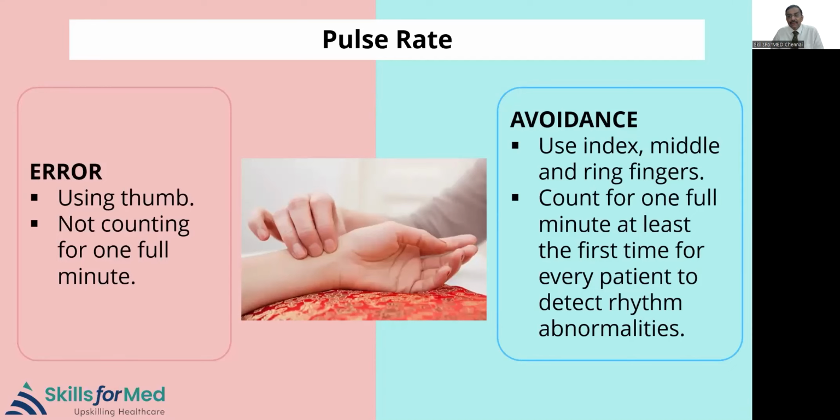Once you see the patient for the first time, at least you should measure for 1 full minute. Why should you do that? Mainly to look at rhythm abnormalities and some missed beats. You can detect this only if you do it for 1 full minute. Once you know that the patient is normal and you have measured a couple of times, then maybe you can just do it for 15 or 30 seconds and multiply it and put the heart rate or pulse rate.